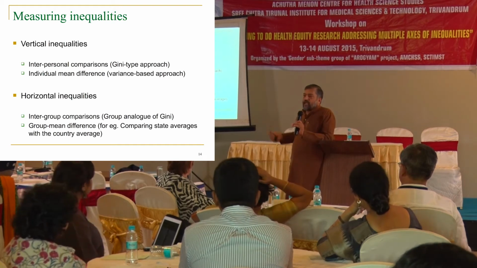On this, I myself with my co-authors have published a paper on the group analog of Gini. And just to give you a simple elaboration, not going into the equation of it, often in inequality computation, we ignore the overall level of the phenomenon.